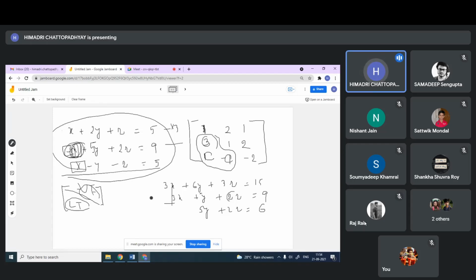So we multiplied this, this is y and 2z. So 2z is equal to 9. If I subtract, 3z minus 2z, it was originally y, so 3z minus 2z is z. So this becomes 5y plus z is equal to 6.